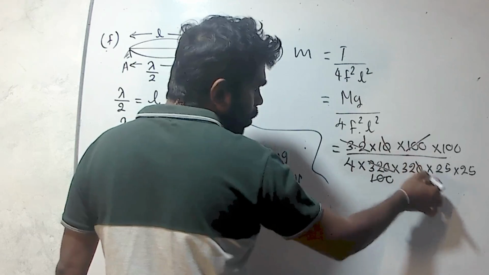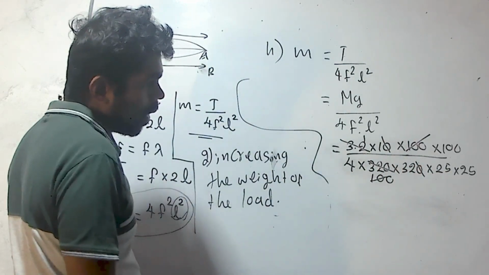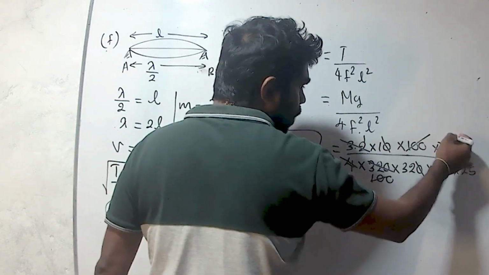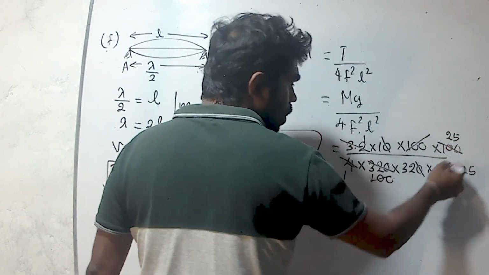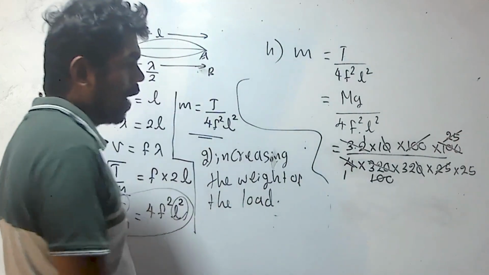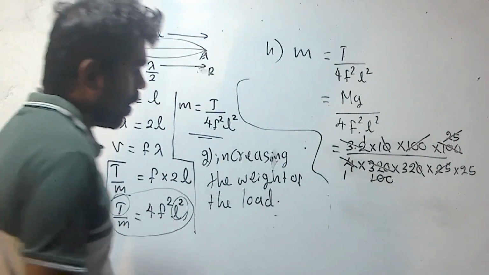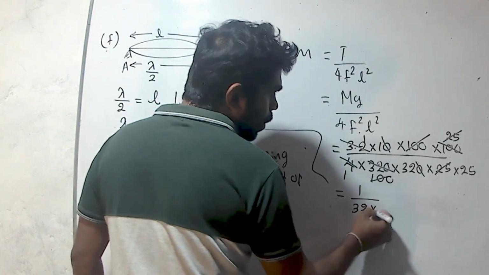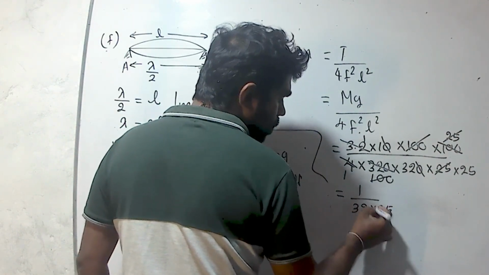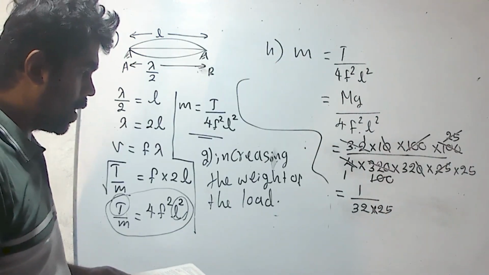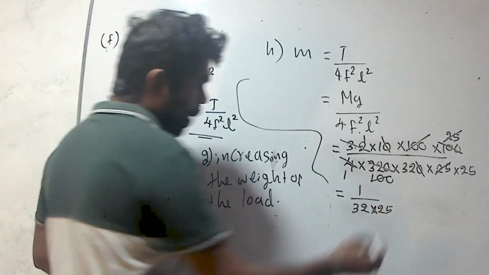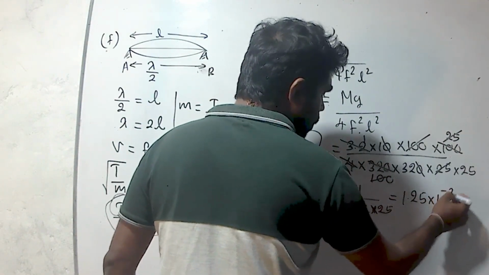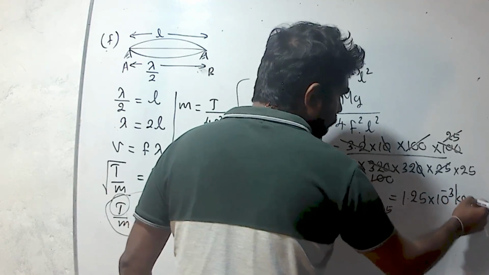Again we can cancel out 0 and 0. 4 times 1, 100 divided by 4 is 25. We can cancel out 25 and 25. Then the answer is 1 over 32 into 25. We have to simplify it. The answer will be 1.25 into 10 to the power minus 3 kilograms per meter.